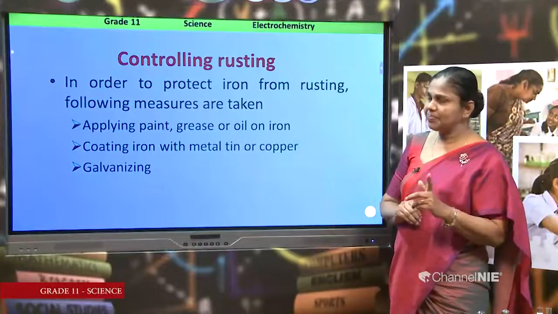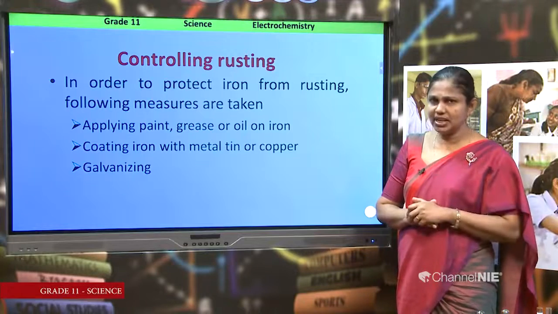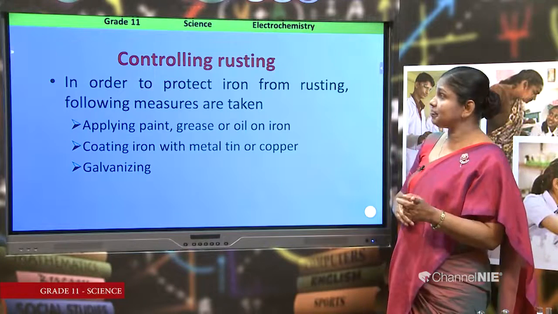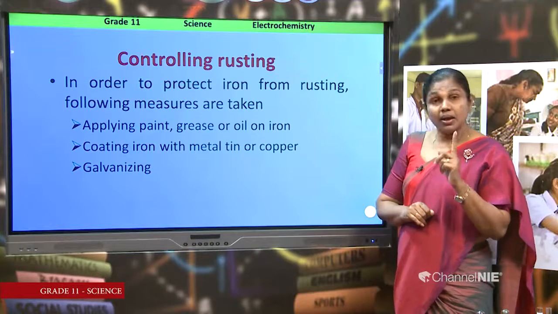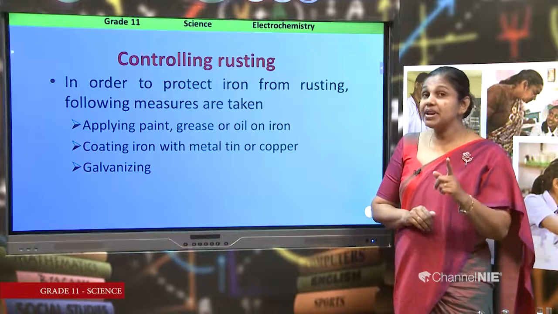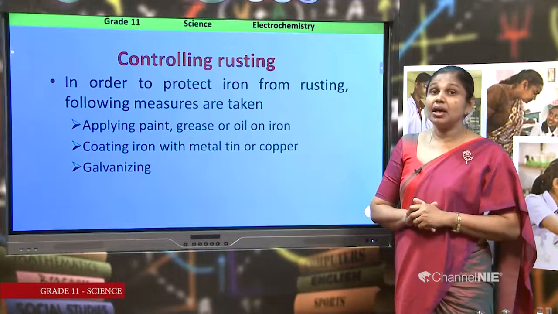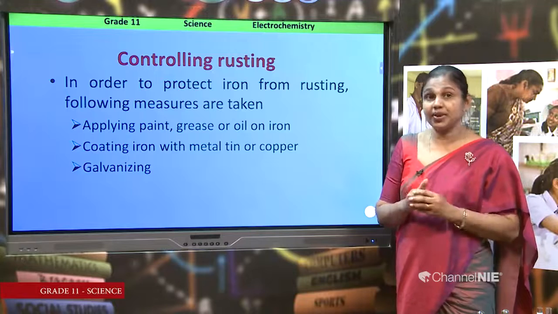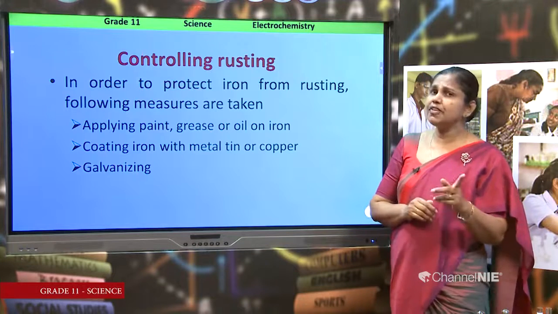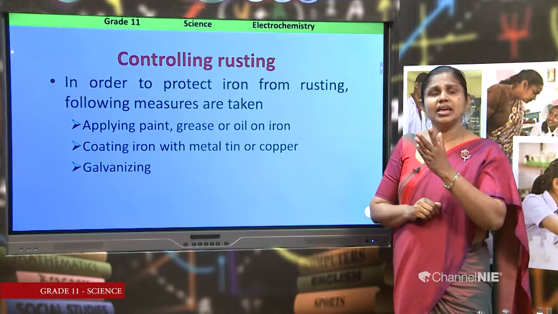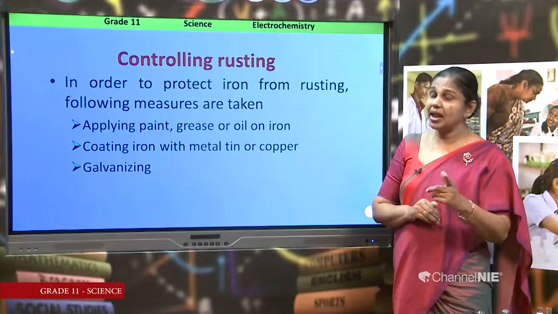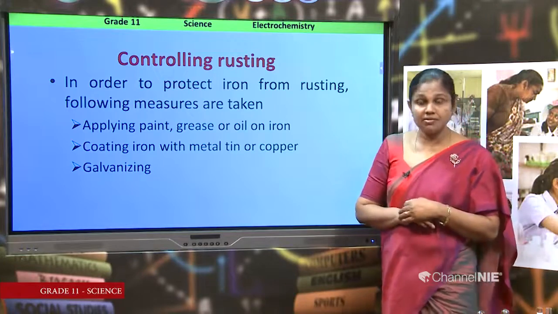Anyway, children, to control rusting, what we have to do? We must protect the iron and we must prevent the iron from getting contact with the essential factors like air and moisture. If we can prevent iron getting contact with air and moisture, we can prevent iron from rusting.